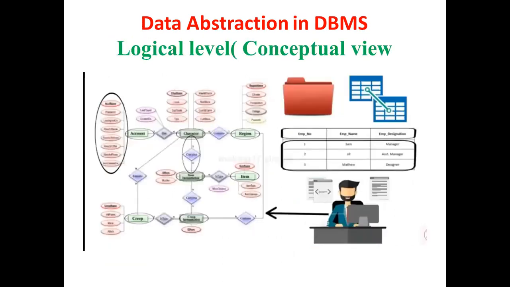The next level is the logical level, also called the conceptual view. It means there is some aim for which we are creating a database. Then how is it going to be achieved? What kind of implementation, or what things have to be considered? All those things are discussed at the logical level.